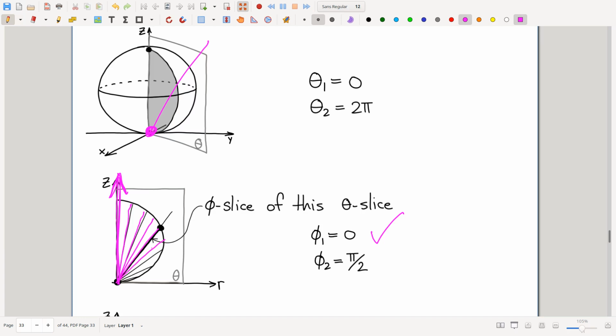And you'll notice that as I keep going, they're getting shorter and shorter and shorter, but they never really quite go away until I get to pi over 2, and that's where you have your last phi slice. Anything beyond pi over 2 is just a total swing and a miss. There's nothing down there. Does that make sense? Does that kind of answer your question?